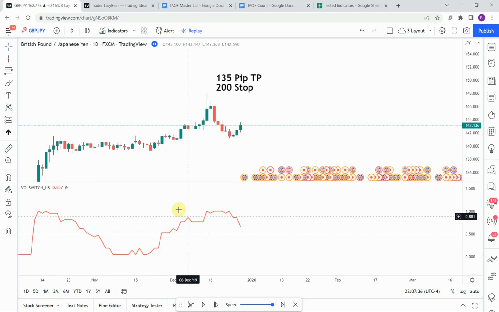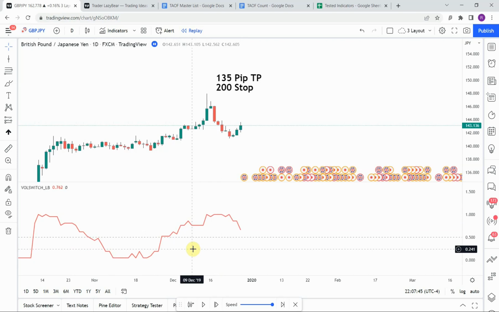The creator also said that when the oscillating line is above that 0.50 mark, that is a sign of high volatility and that you should be looking for overbought or oversold conditions on something like the RSI. And so it's a little kind of counterintuitive, in my opinion. It seems to be a little bit conflicting in its information.